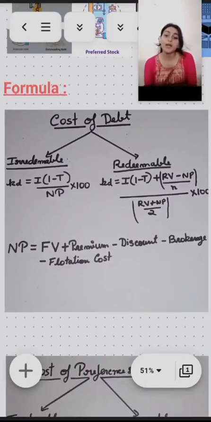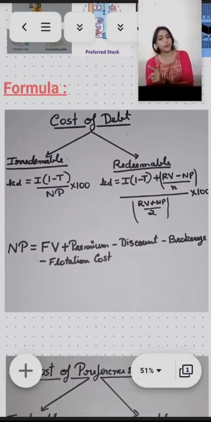So the formula for irredeemable debt is Kd equals interest into (1 minus tax) divided by the net proceeds, into 100. Why are we deducting tax over here? Since interest is debited to the profit and loss account, the profit will be reduced and ultimately the tax also will be reduced.